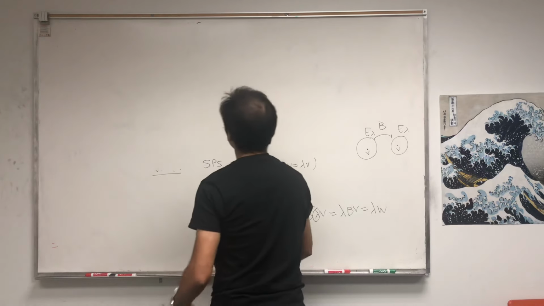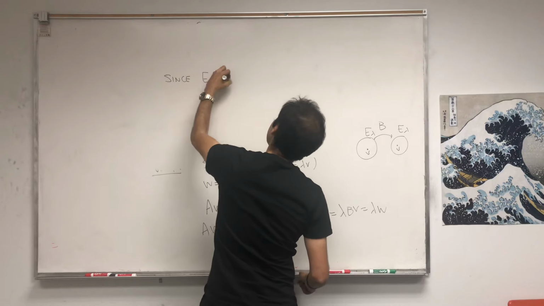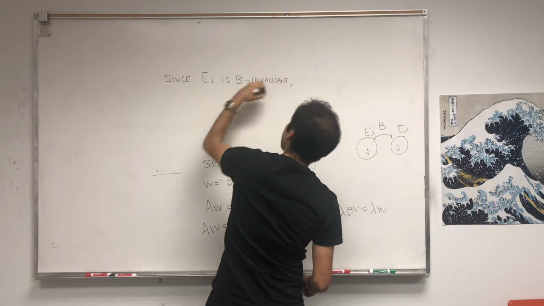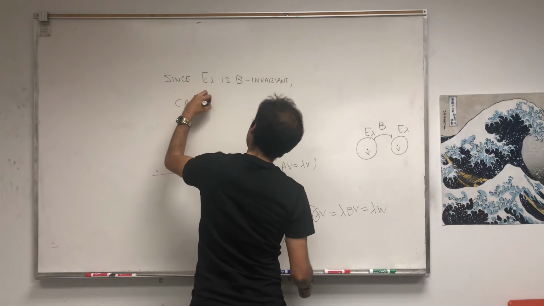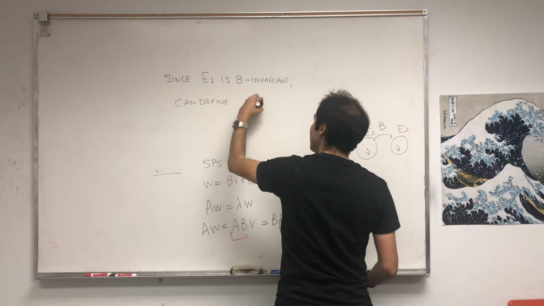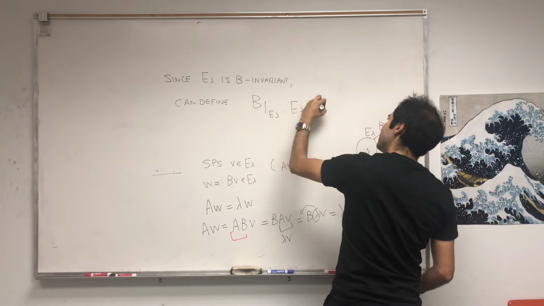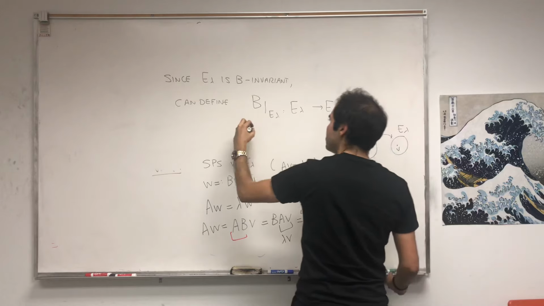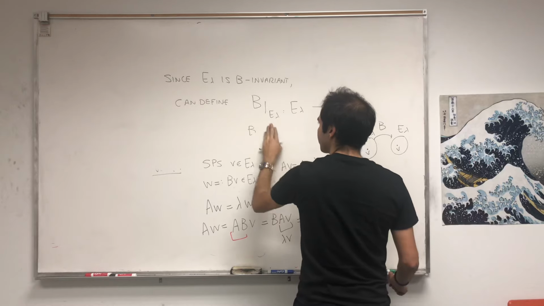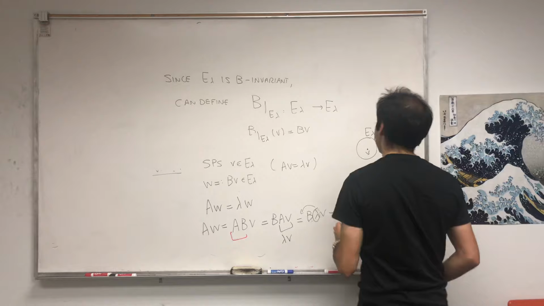So, since E lambda is what's called B invariant, we can define a new matrix or linear transformation called a restriction, B restricted to E lambda, that goes from E lambda to E lambda, and simply B takes V as its input and spits out B restricted to E of lambda of V, it's simply BV.